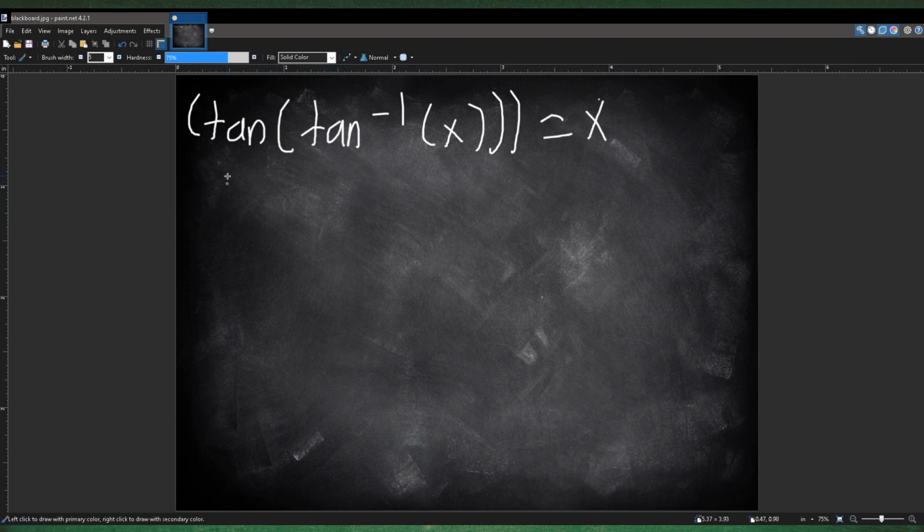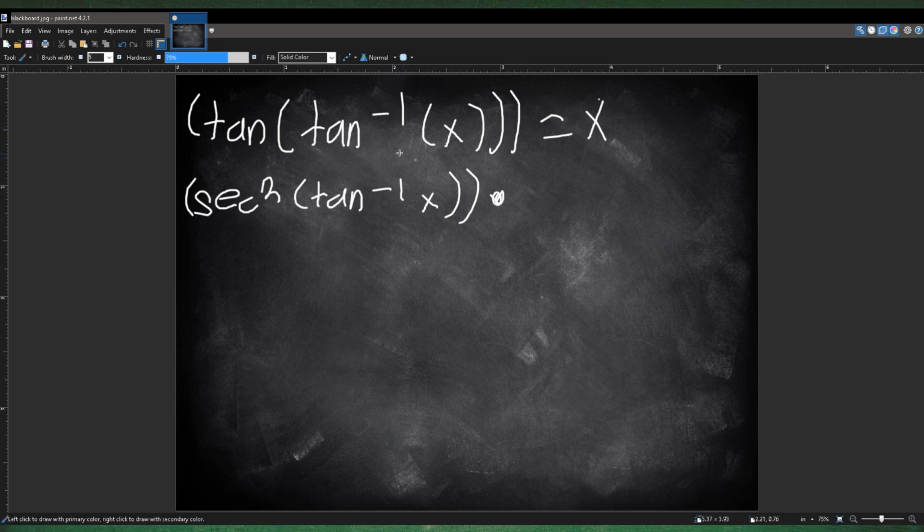Now we chain it. The derivative of tan, as I said before, you don't have to memorize, but I'll show it now because it's faster. The derivative of tangent of x is secant squared of x. So secant squared of inverse tangent of x. Let's put all these in parentheses, and then you multiply by whatever is still in the parentheses because you're chaining it.